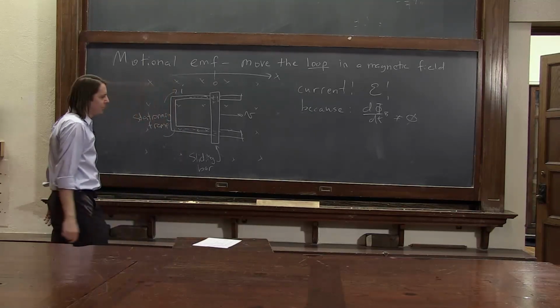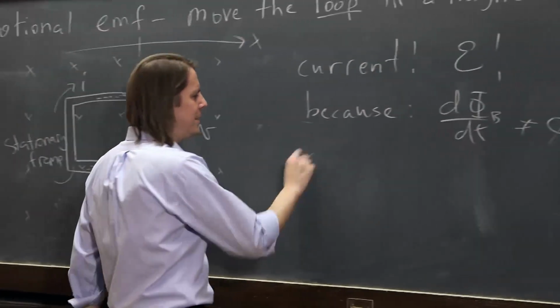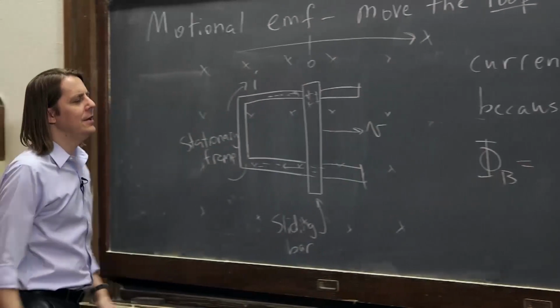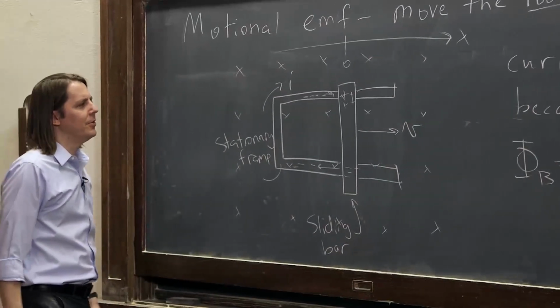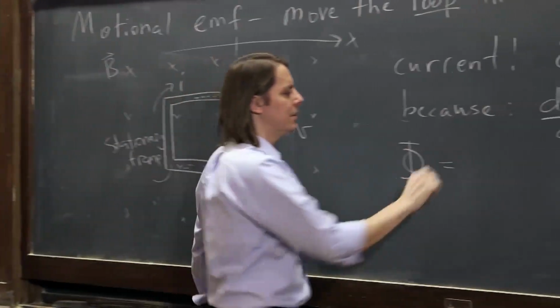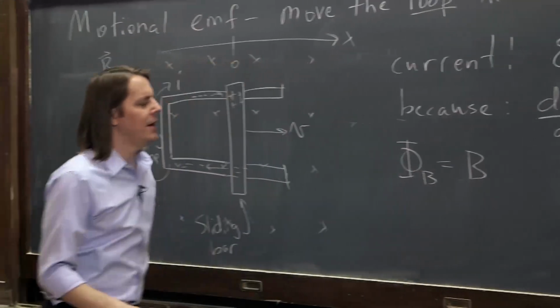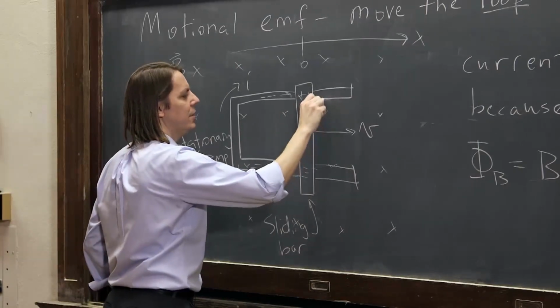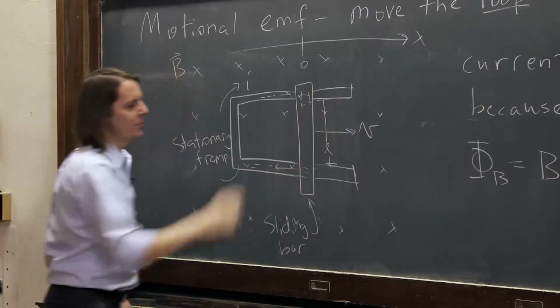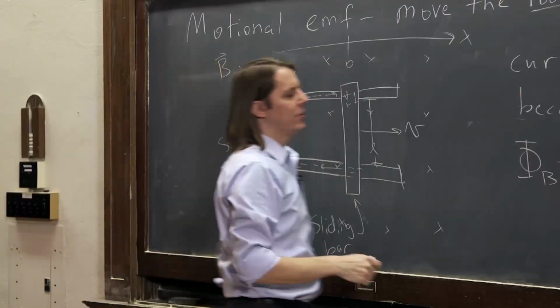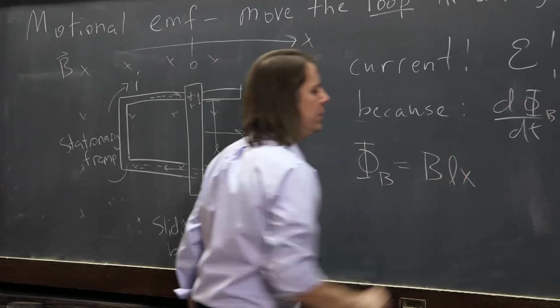Let's analyze it a little bit more carefully. Let's see what phi B is. Phi B, let's see, that's B dot dA, that's the B field times the area. So the B field we'll just say is constant into the board, whatever, its magnitude is B. And the area we'll say is L, which is the length of the rod, or the length between the two rails, times how far it goes here in x. All right?